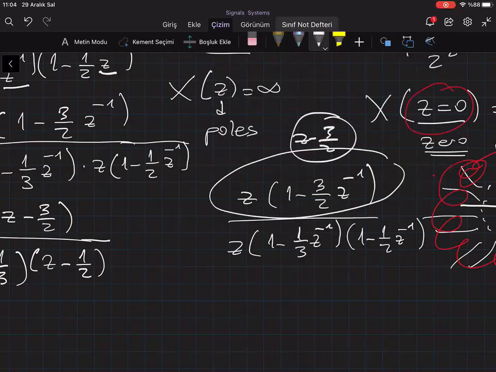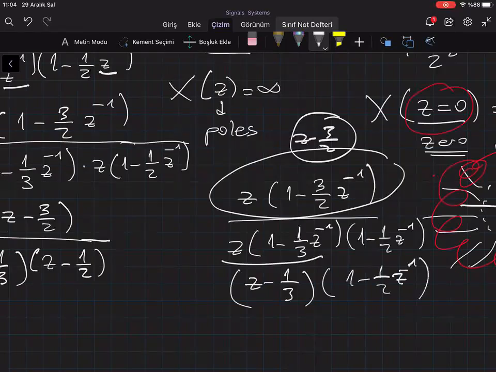I'm going to find the 0 here. But here, now I have z minus 1 over 3. Here I have 1 minus 1 over 2 z to the power minus 1. So I still have z to the power minus 1.